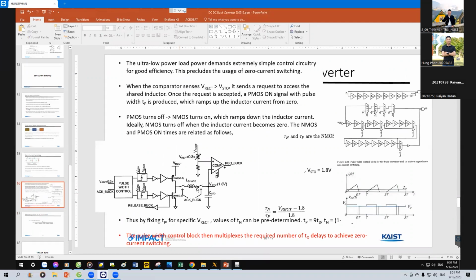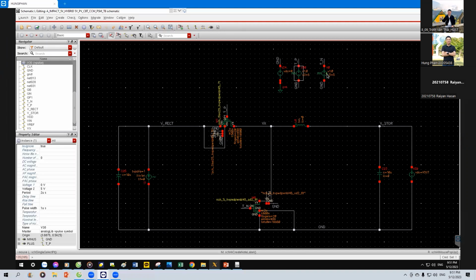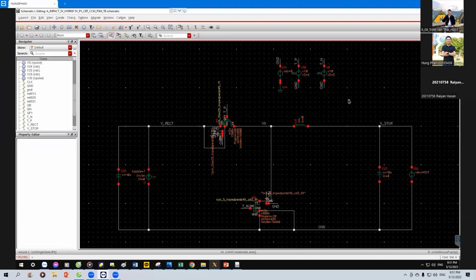But in some cases both N mode and P mode will be turned on at the same time, and so it will cause the loss, right? Anyway, we will take control later. For your first simulation, just consider two main losses, conduction loss and switching loss, which will come from this. Okay, you got it? Yes.